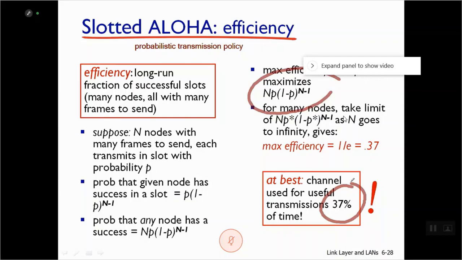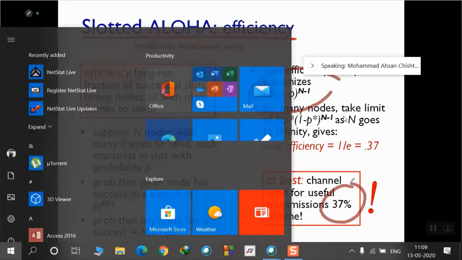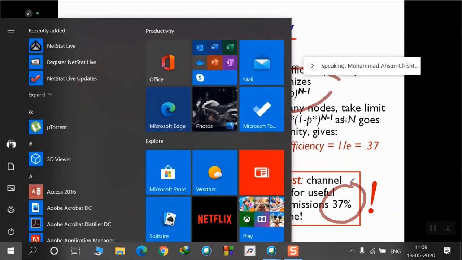So if we have n active nodes, the efficiency of slotted aloha is p(1 - p)^(n-1), where n is the number of nodes which have a frame to send, and p is the probability.